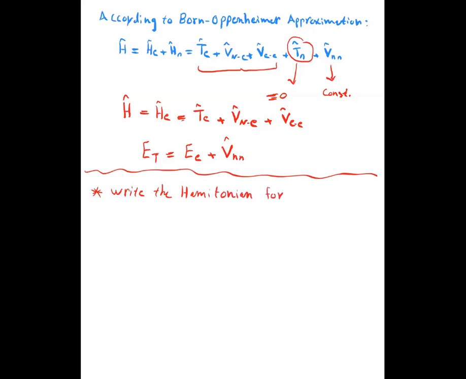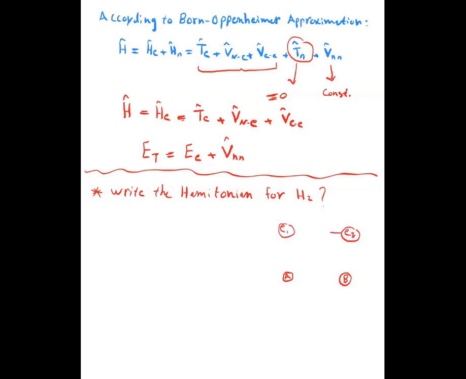So again, we have 2 nuclei, A and B, two hydrogen atoms, and we have electrons 1 and 2.